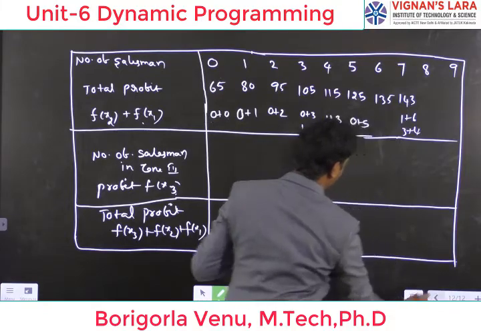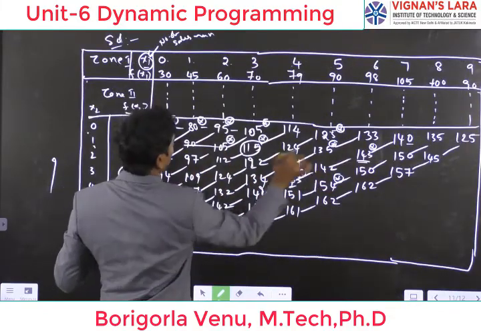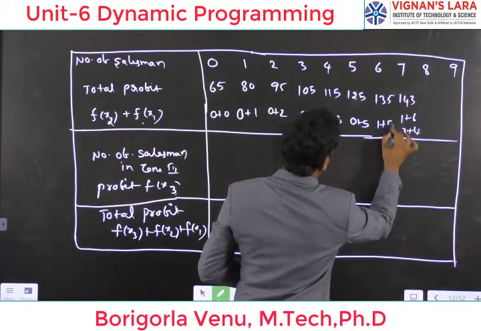Where did we obtain 135? At the second one, that is 1 plus 5. So 1 plus 5 is 135.